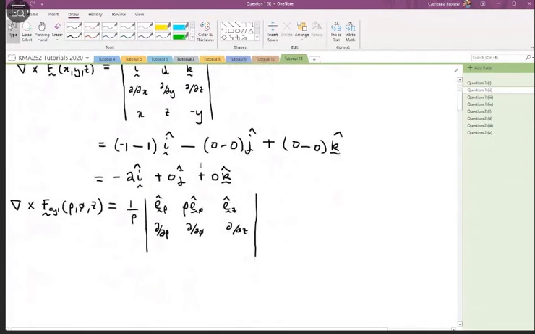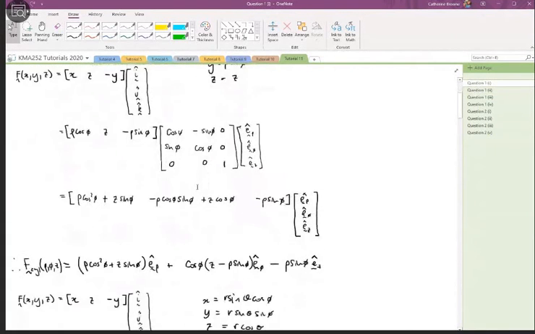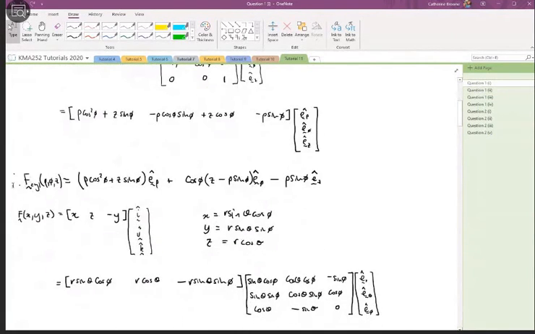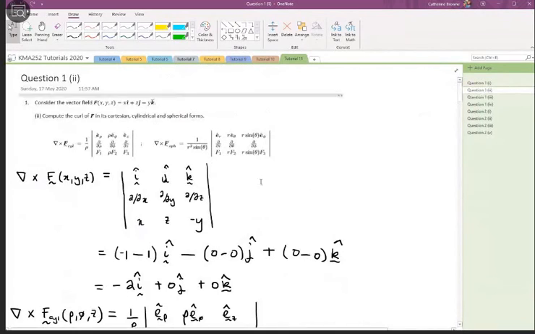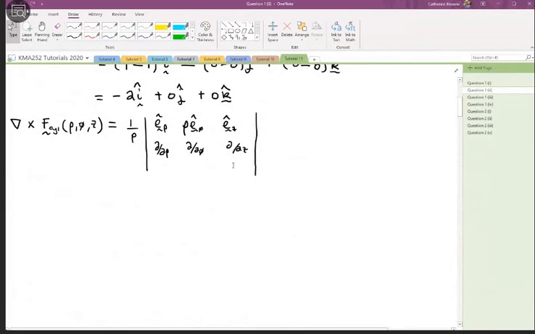And so in cylindrical coordinates, we want to use what we found here. So this is my F1, this is my F2, but I need to do rho F2, and this is my F3. So I haven't left enough room.